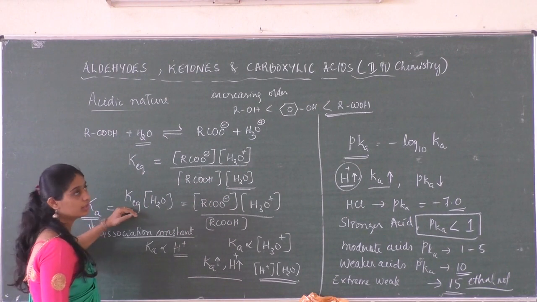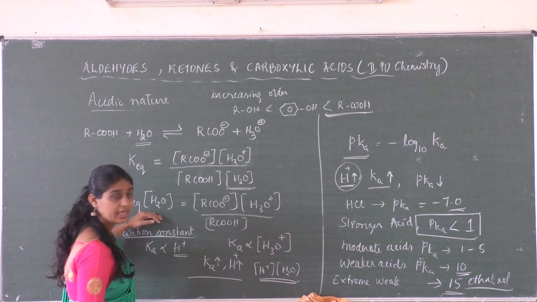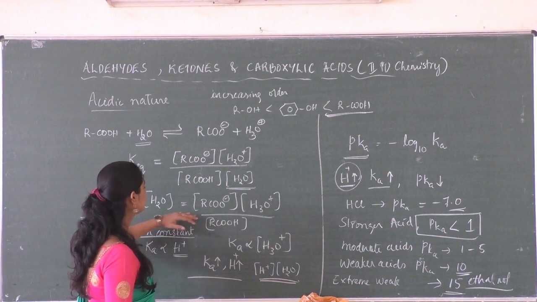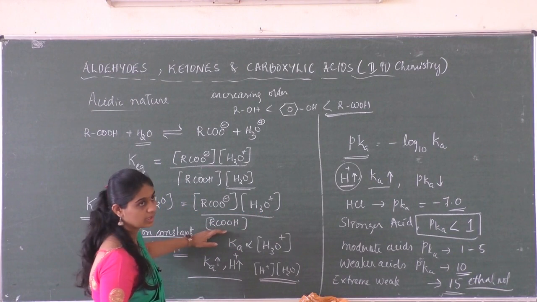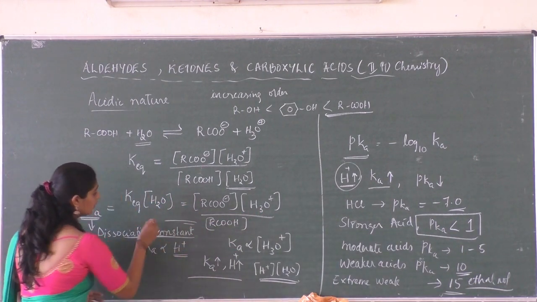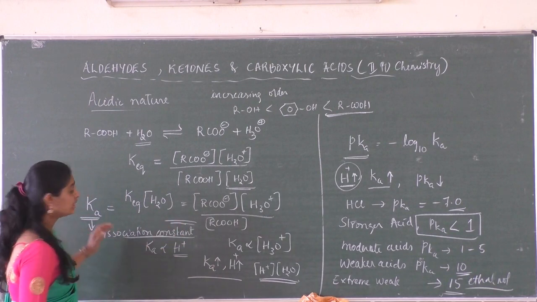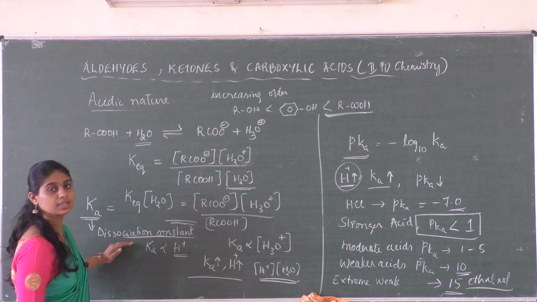So K equilibrium times the molar concentration of water equals [RCOO minus][H3O plus] divided by [RCOOH]. This whole expression can be taken as Ka, that is nothing but the dissociation constant.